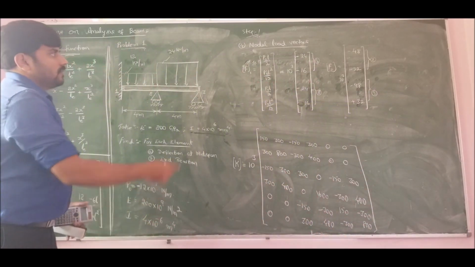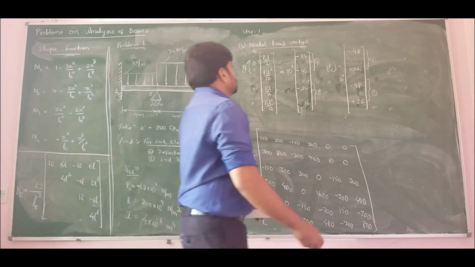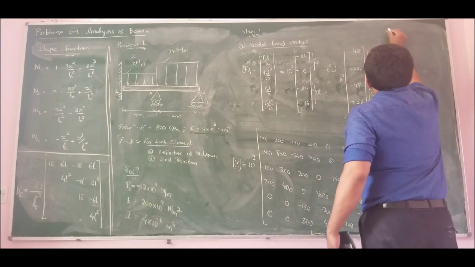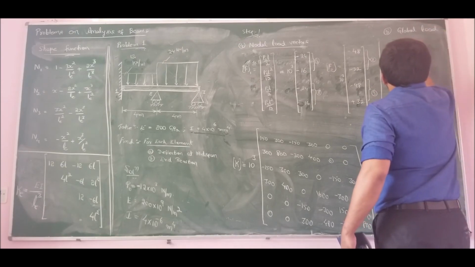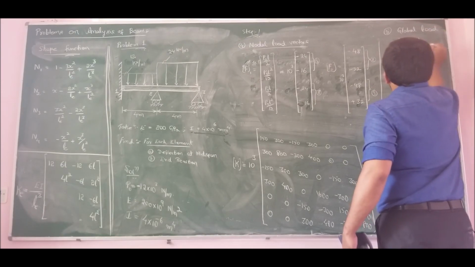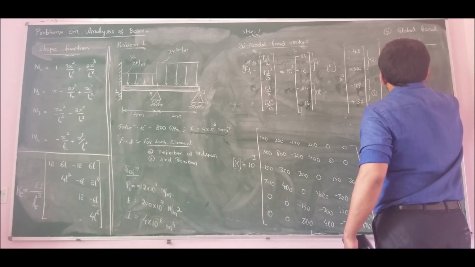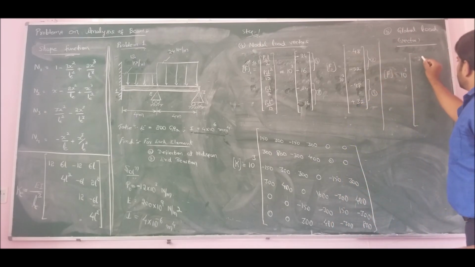Since we have more than one load vector, I should move to the global load vector. So the fifth step, global load vector, F is equal to 10 to the power of 3 times: at node 1 we have minus 24, minus 16.